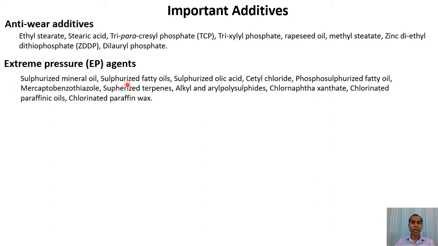These types of agents are mainly sulfurized or phosphosulfurized fatty oil and other kinds of chlorinated paraffin oil and chlorinated paraffin wax. These materials are used as extreme pressure agents. They can be used in lubricating oil as well as in greases.